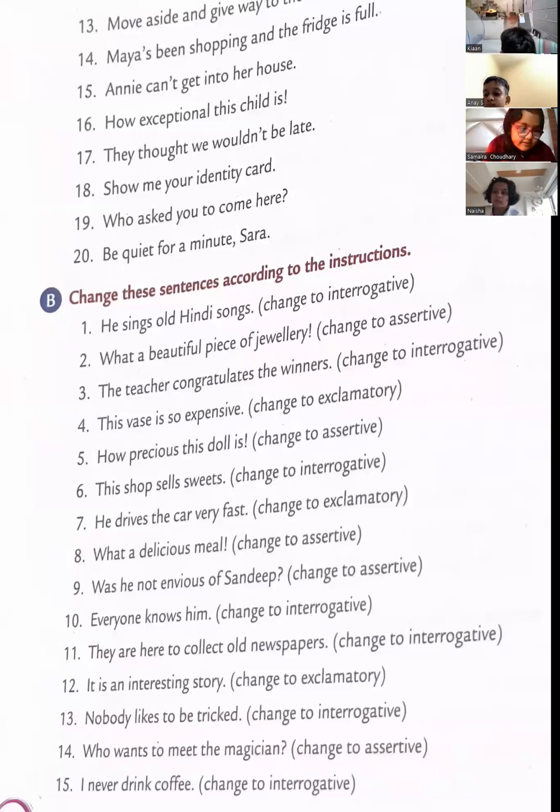What a beautiful jewelry. Will the piece of jewelry be beautiful? No. Anahita, first you have to tell me which style of sentence is this. What a beautiful piece of jewelry. Kian. Exclamation. Exclamatory. Exclamatory. Correct, Anahita. Correct, Kian. Now change it to assertive.